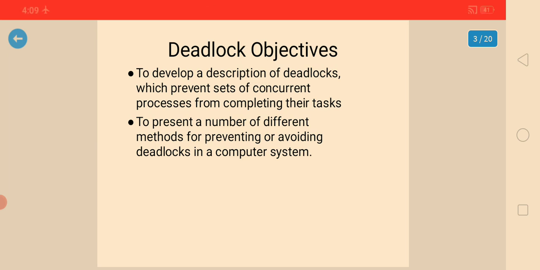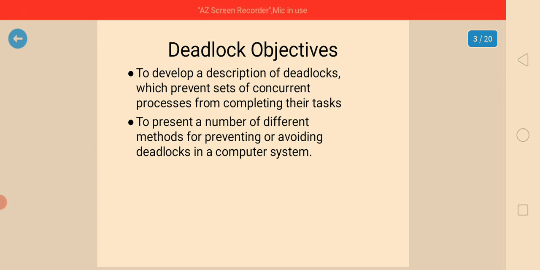So the two trains are coming on the same track from both sides, and they cannot move aside because they are on the same track. So deadlock may happen. This is an example of deadlock.